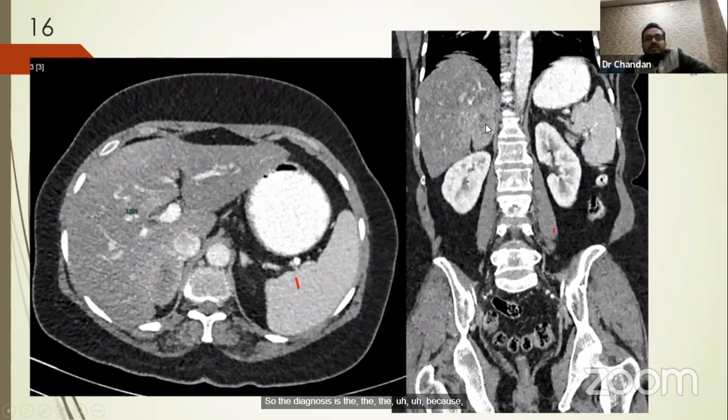So the diagnosis is, because the patient was a known case of ovarian carcinoma, unilateral metastasis due to the ovary. Both metastasis and primary adrenal carcinoma can invade adjacent organs.